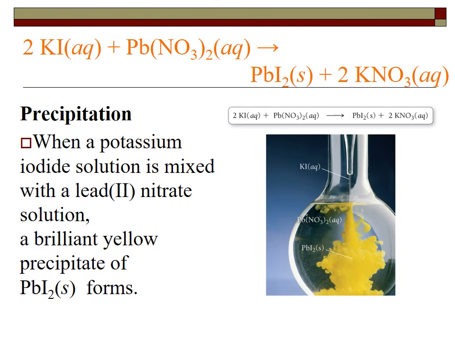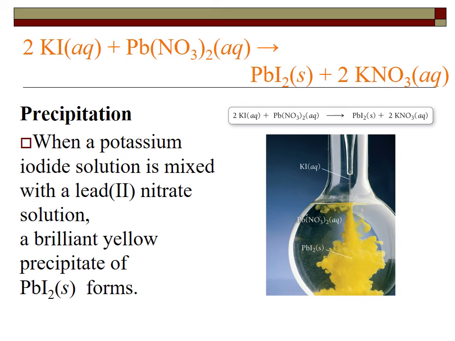So, for example, a precipitation reaction. When potassium iodide solution is mixed with lead(II) nitrate solution, a bright yellow precipitate of PbI2, or lead iodide, forms. I've got a little picture here for you. When we squeeze from our eyedropper the potassium iodide into my lead nitrate solution, I get this beautiful yellow color.